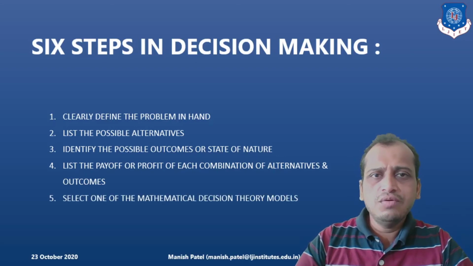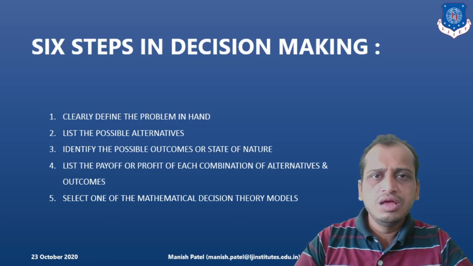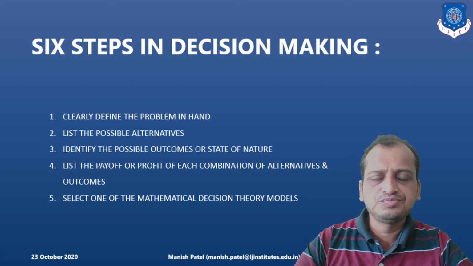Once you have defined all of this, for example the problem definition, the alternatives and the outcomes, and finally converted them into a mathematical model with the help of probability estimates, you can easily solve the problem and arrive at the optimal decision to be taken.